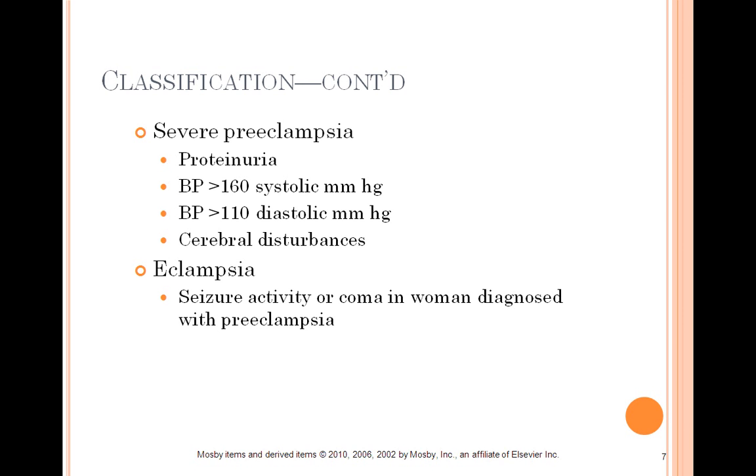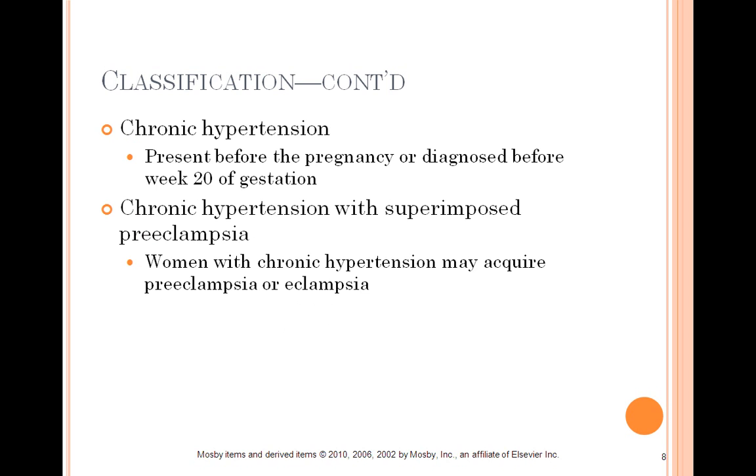Ask them, are they having dizziness, spots before their eyes, blurred vision, anything like that, unexplained headaches. And eclampsia, of course, is when they get to seizure activity. Chronic hypertension, if you look at the bottom of page 335, is diagnosed before 20 weeks of gestation.